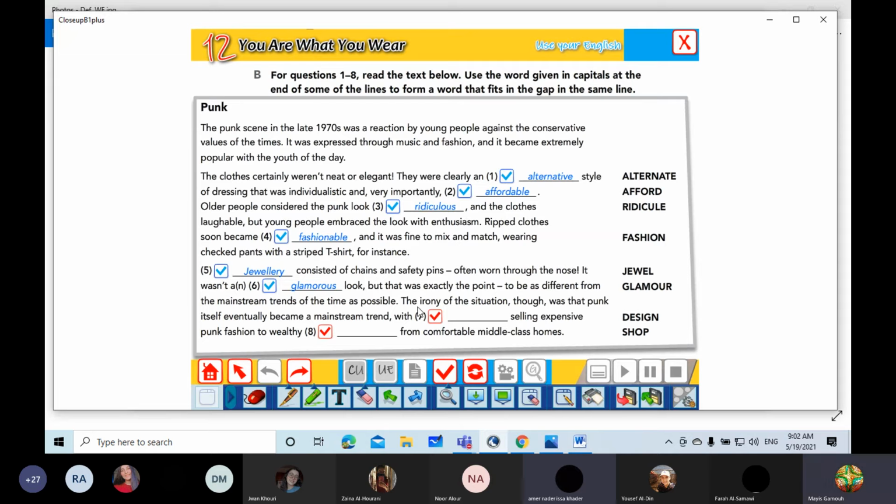With what? Designable? Why? Here, design is a noun, and we are talking about people who are selling expensive punk fashion. You said designable, and it's an adjective. I want a noun here.